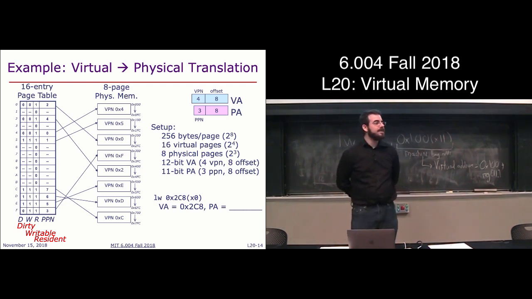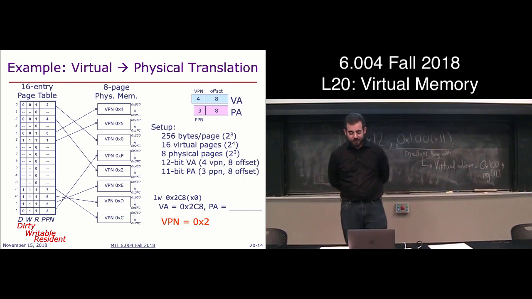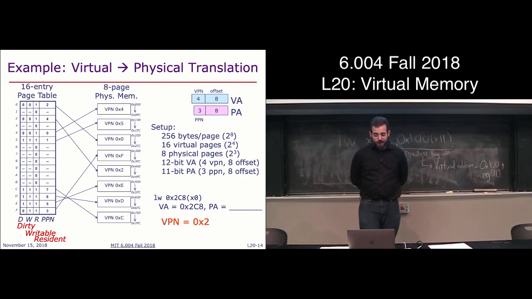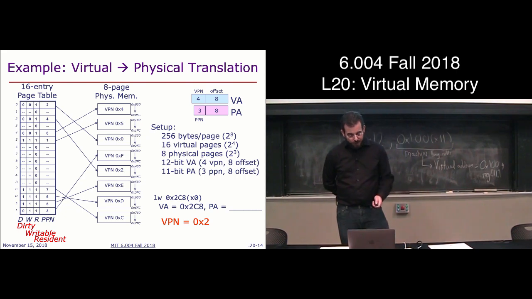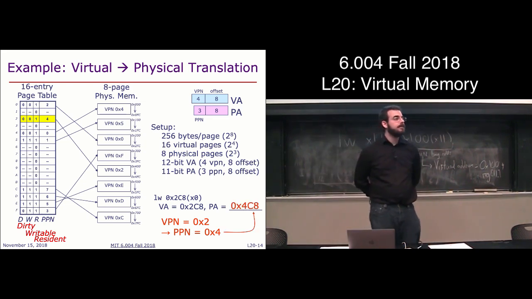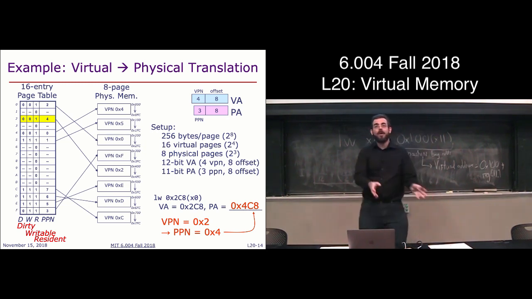So the virtual page number is 2. And what do we do with this virtual page number? Well, we go to location 2 in the page table, page table entry 2. So here we see that the resident bit is set to 1, and the physical page number is 4. So our physical page number is 4, and therefore, this corresponds to physical address 0x4c8. And so now we can go and access memory at that particular address.